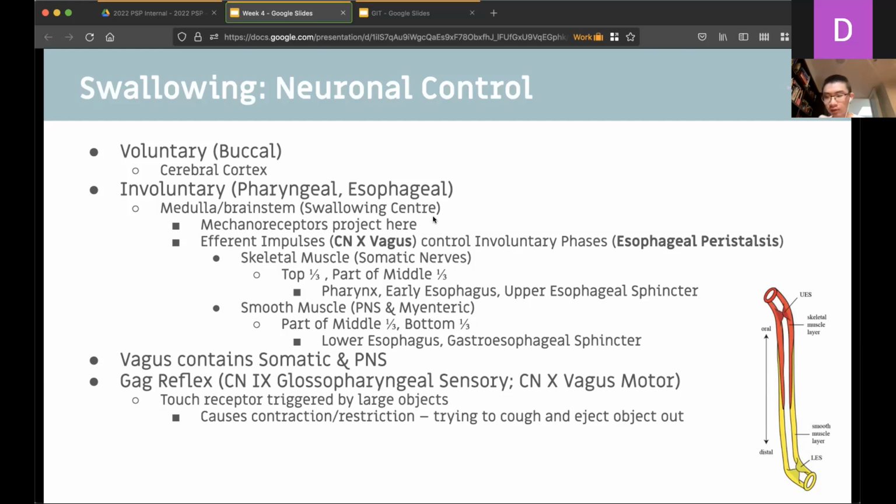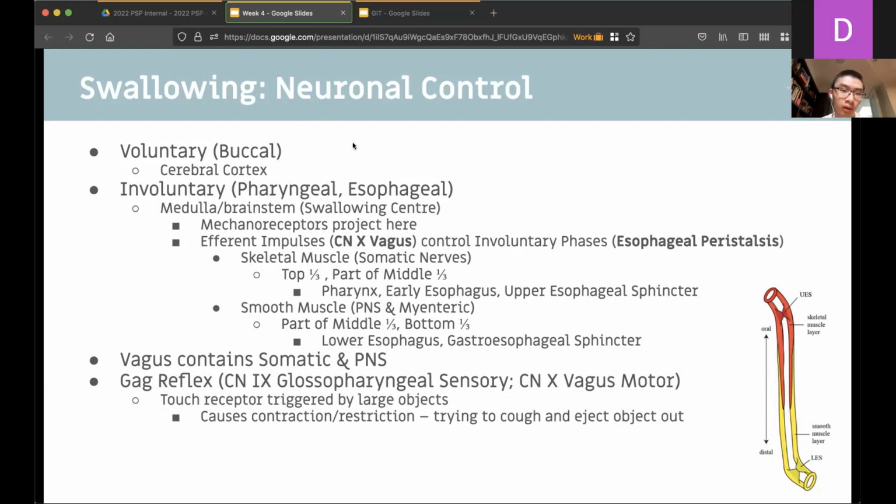The skeletal muscle is controlled by somatic nerves, while smooth muscle is controlled by parasympathetic and enteric nerves. So the way you think of it is the esophagus in three segments: the top is skeletal, the middle is mixed, and the bottom is smooth muscle.